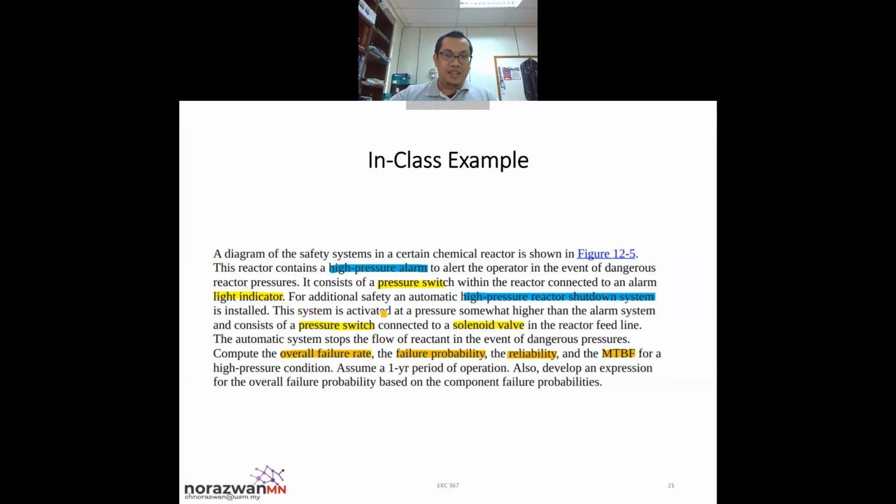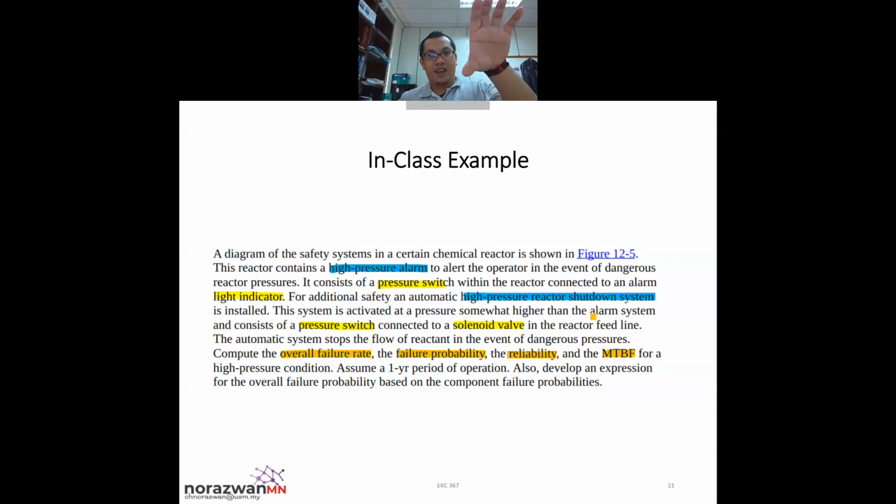This system is activated at a pressure somewhat higher than the alarm system. So after the alarm system, the shutdown system will work. Once the high pressure alarm system fails, the shutdown system needs to operate. Only if both fail will the system fail.